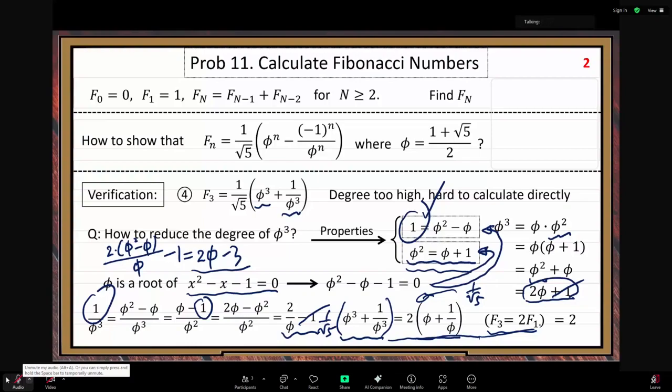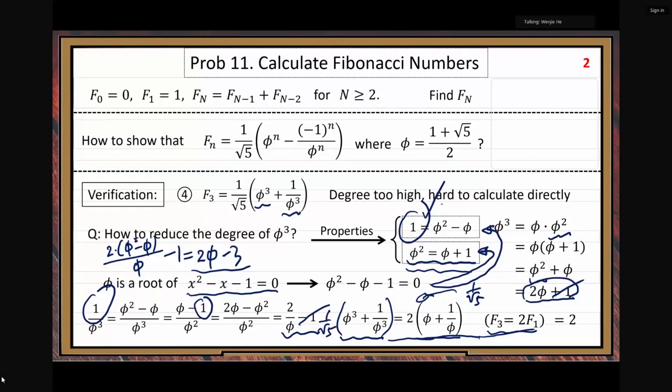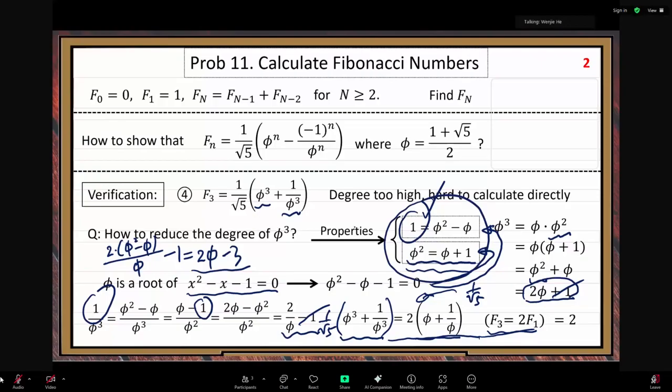So using this case, I want to show you that sometimes you can use the properties of the golden ratio to help you bring down the degree.